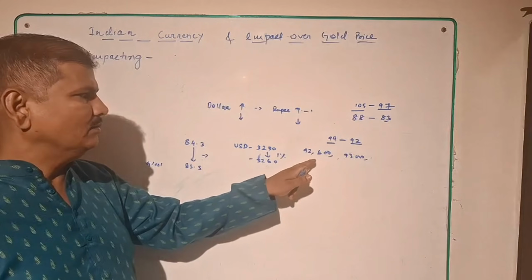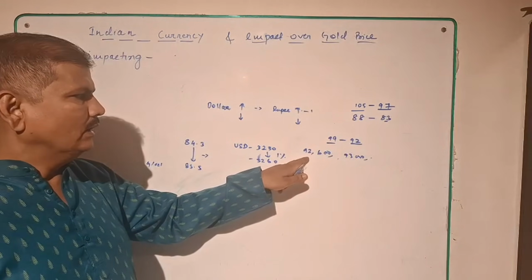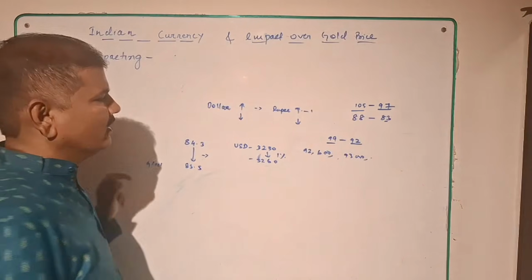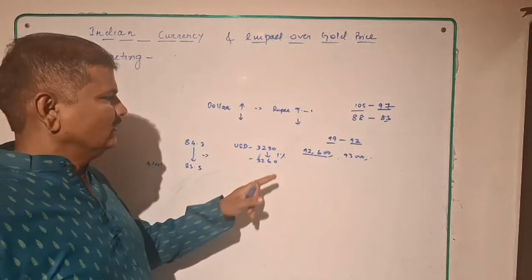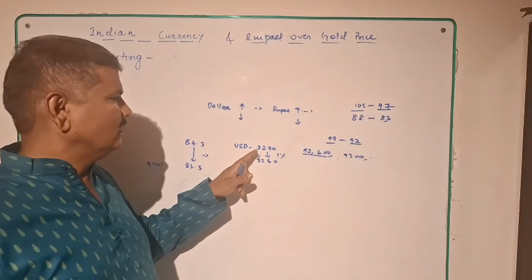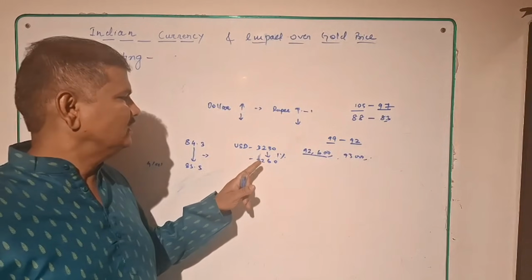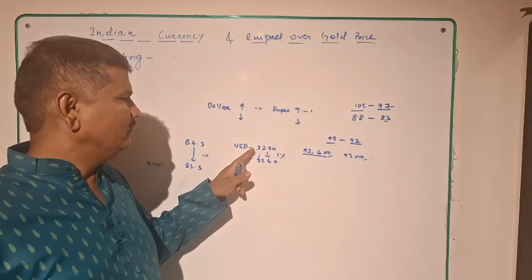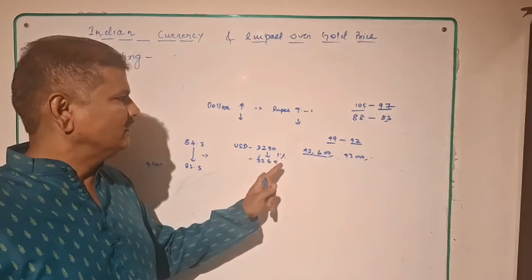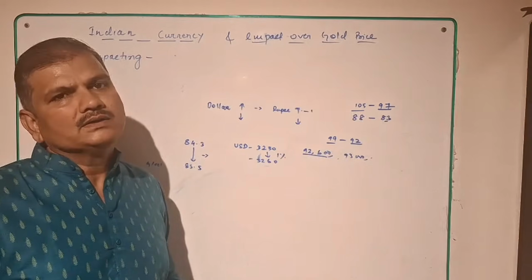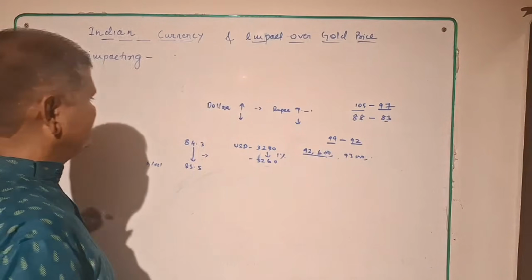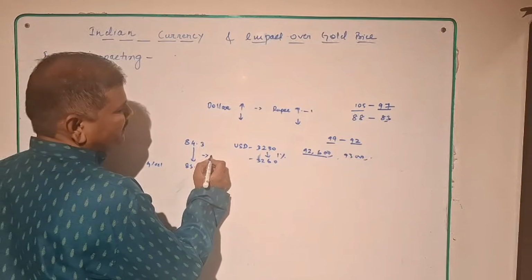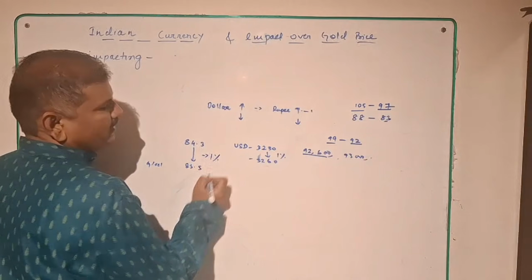But the market opened and was trading around 92,600 on that day. Even though there was an increase of 1 to 1.5% in gold value with respect to USD, we saw only an increase of 0.5% in gold value in Indian currency, because the 1% was compensated by the appreciation of the rupee.